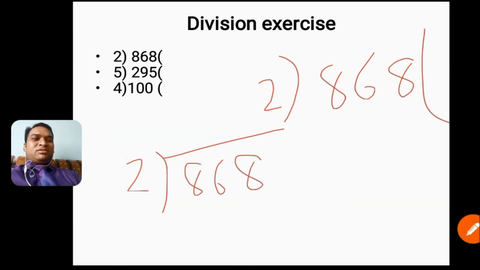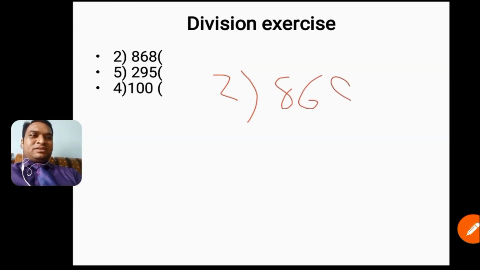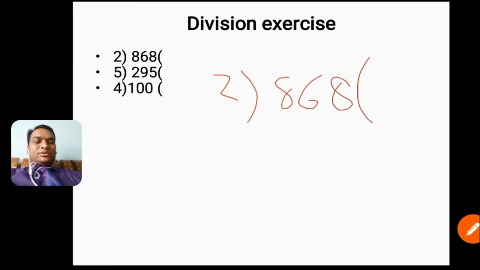Okay, in this way you can write the first one. We need to divide 868 by 2. We need to remember one rule: if the first number of the dividend is bigger than the divisor, then we will take only the first number.